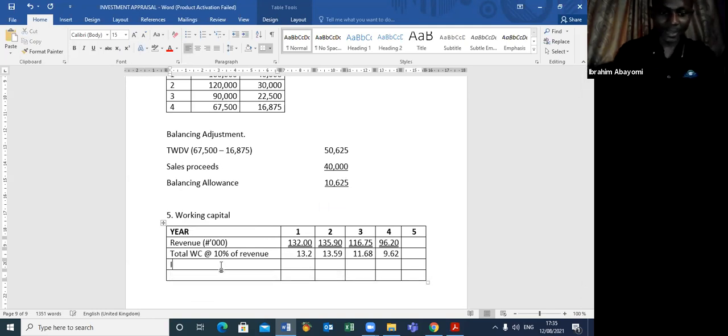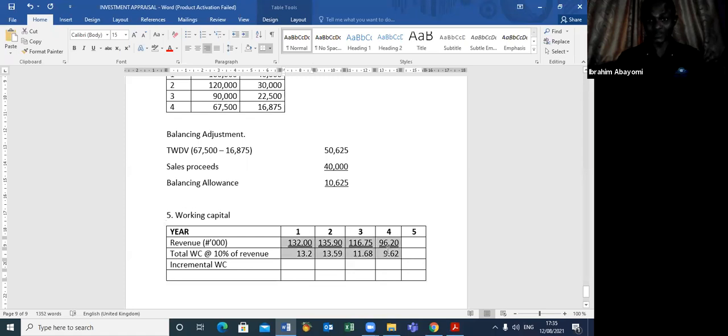Now, here I should have my incremental working capital. Yesterday, before we computed our working capital, we computed the increase in revenue.